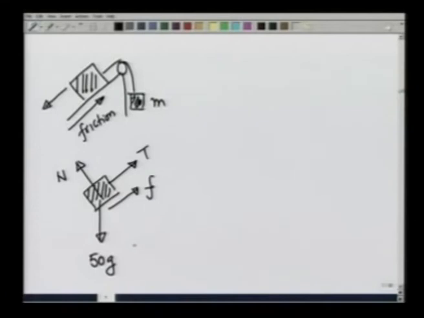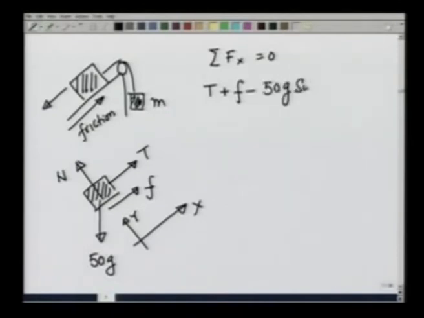Again, taking this to be the x direction and taking the direction perpendicular to the plane to be the y direction, summation Fx equal to 0 gives me T plus F minus 50 g sine of 30 degrees is equal to 0.